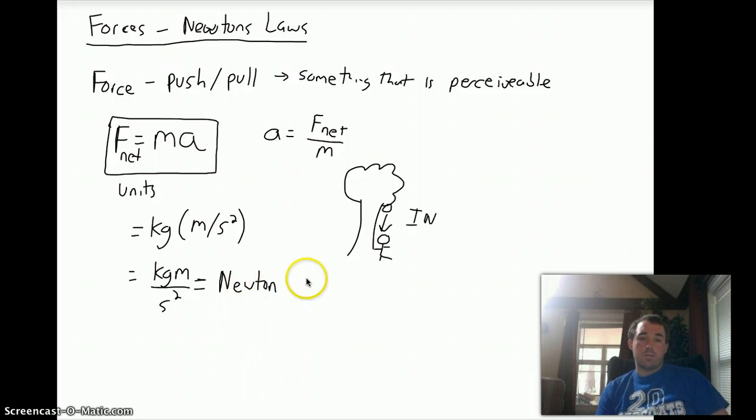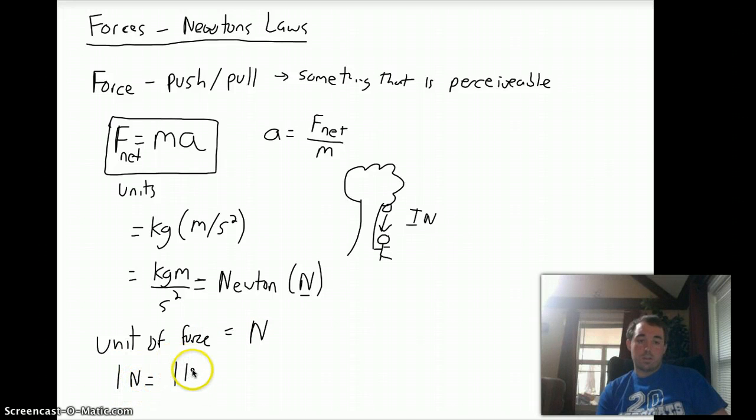So the unit of force, abbreviated capital N, it has to be capital, is a Newton, where 1 Newton equals a 1 kilogram object accelerating at 1 meter per second squared. So a 1 Newton force would accelerate a 1 kilogram object by 1 meter per second squared.